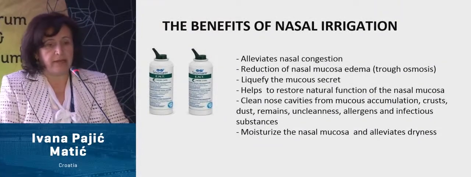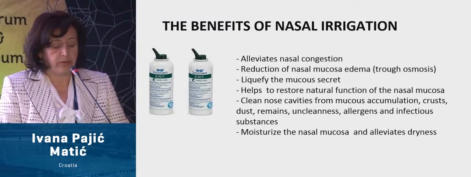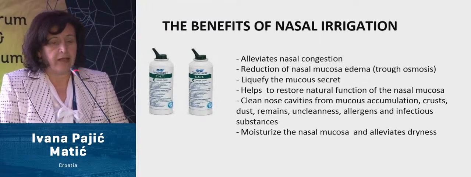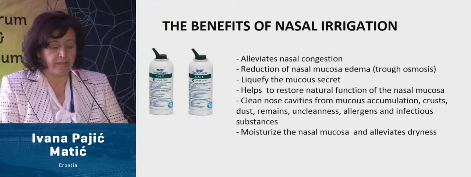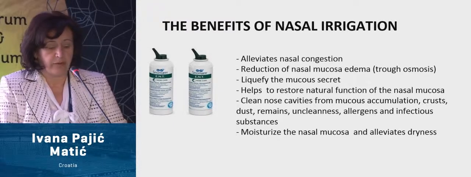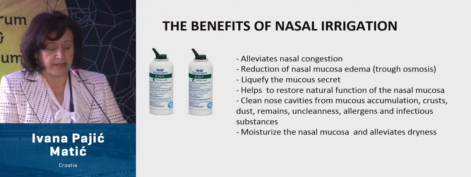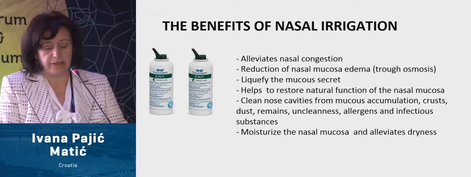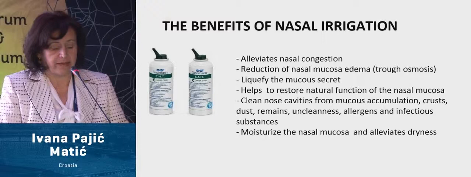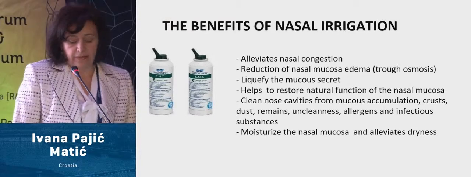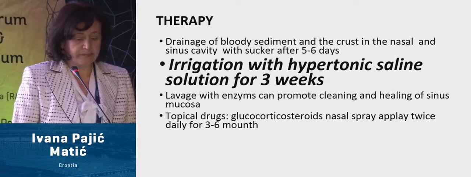It alleviates nasal congestion due to the reduction of nasal mucosa edema through osmosis, liquefies the mucosal secretions, helps to restore natural function of the nasal mucosa, cleans nose cavities from mucus accumulation, crusts, dust, remains, uncleanness, allergens, and infectious substances. It also moisturizes the nasal mucosa and alleviates dryness.